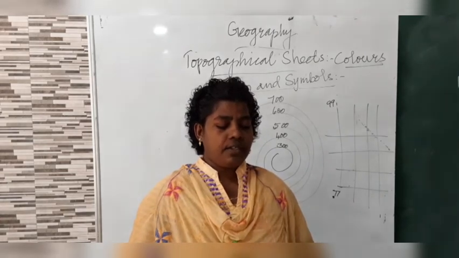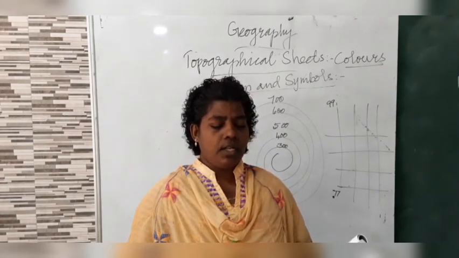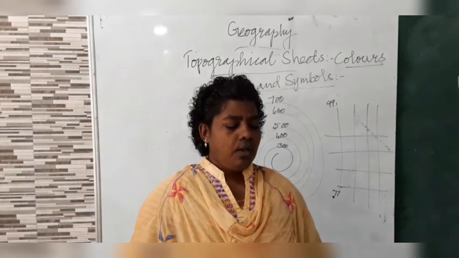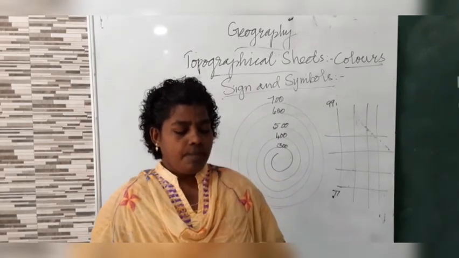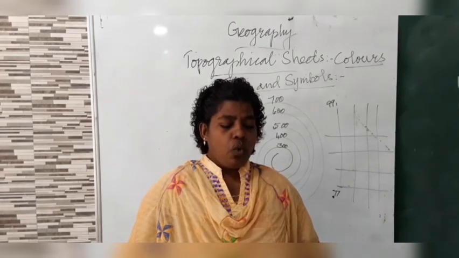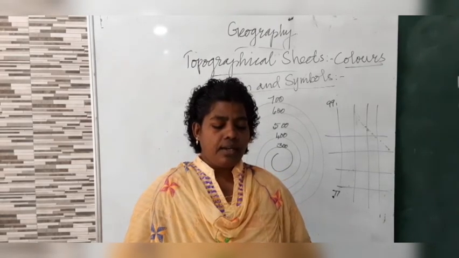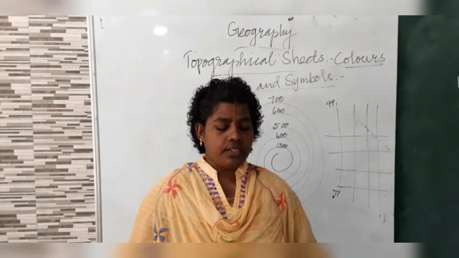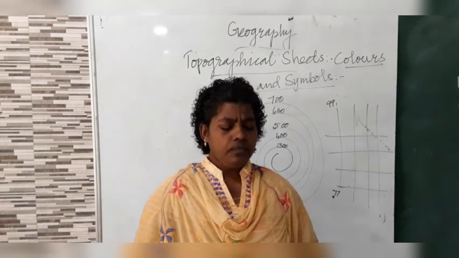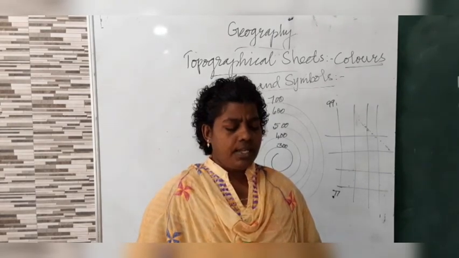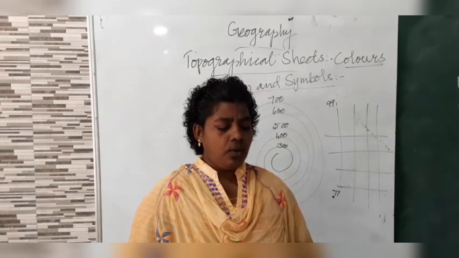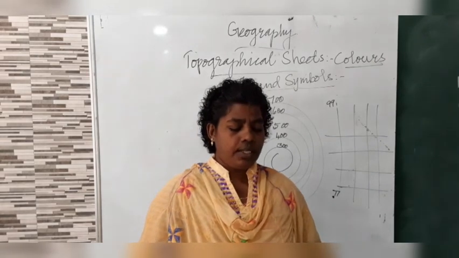Elevation is the height on the surface of the earth above or below the reference point. The color white is used to show barren land on a topographical sheet. Fifth one: the color yellow is used to show cultivated area.